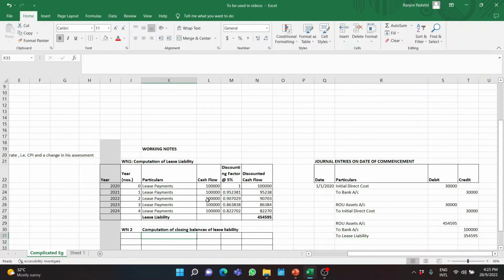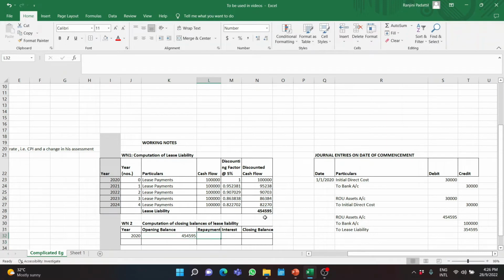This is the computation of closing balance of lease liability. Now please remember that unlike the earlier times we've calculated, there is a reassessment that happens in 2022. So you do not need to calculate closing balance right up to the end of the original lease term. The first year is 2020. The opening balance on the date of commencement is 454,595.